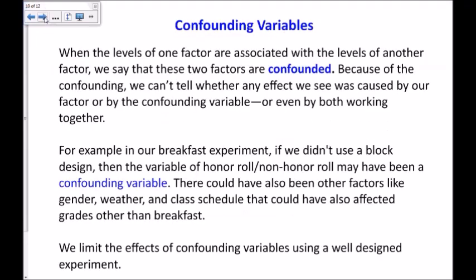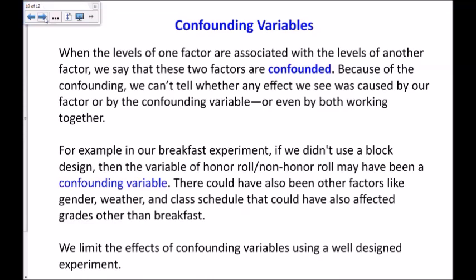The last topic in this chapter is about confounding variables. When the levels of one factor are associated with levels of another factor, we say that these 2 factors are confounded. Because of the confounding, we can't tell whether any effect we see was caused by our factor or by the confounding variable, or even by both working together.